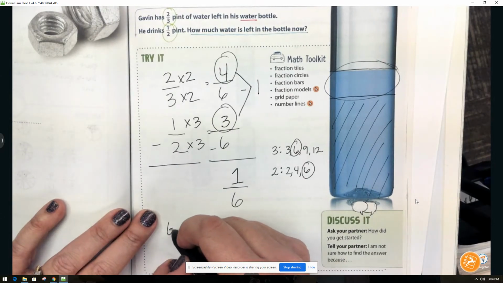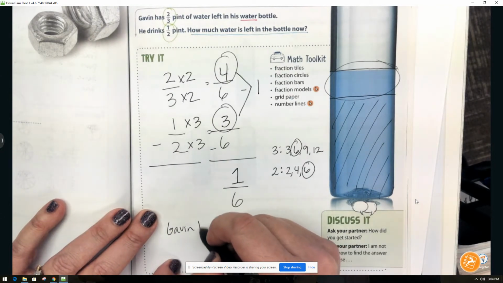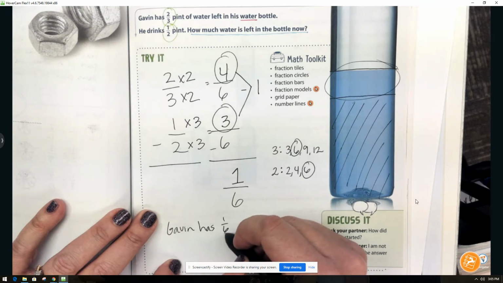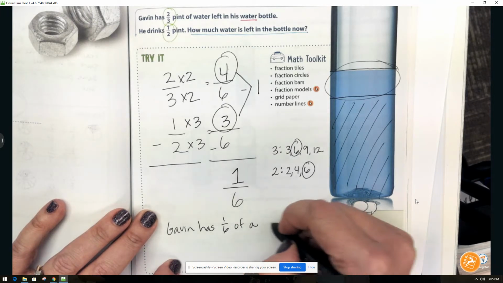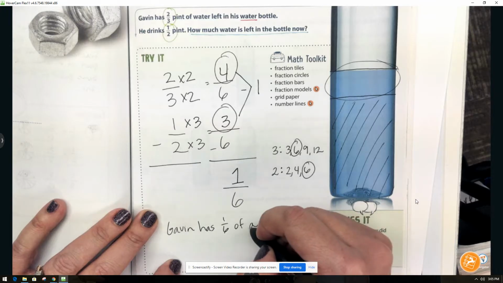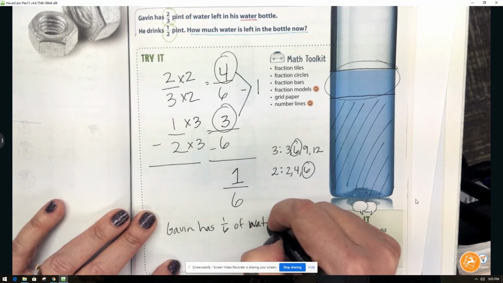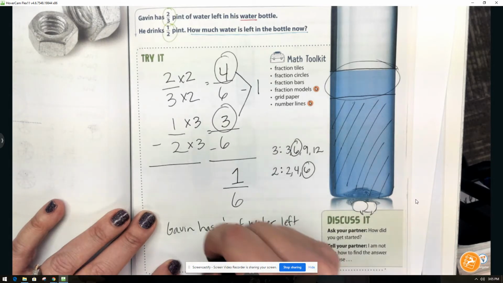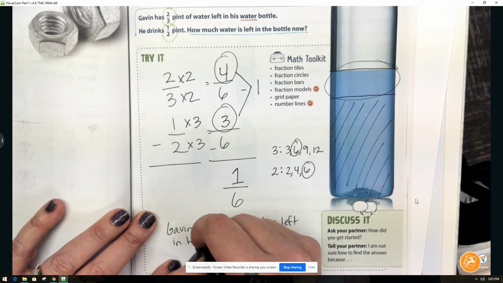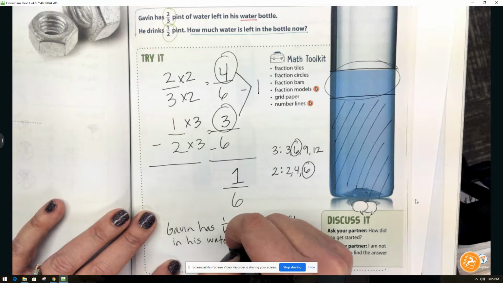So Gavin has 1/6 of water left in his water bottle.